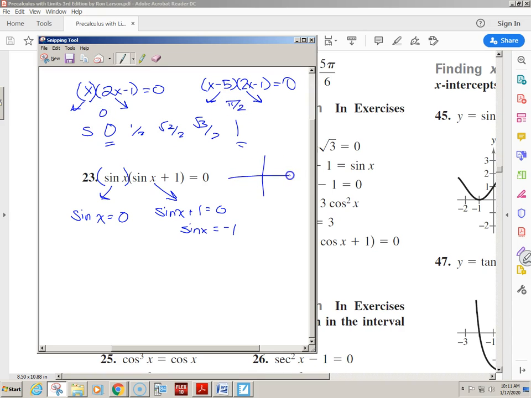So if I'm thinking, alright, I know sine is 0 here, and thus if it's here, it's also over here. And then I know sine is 1 here, and so that means, okay, so 0 and pi, x equals 0 plus 2 pi n, and pi plus 2 pi n. Those would be my 2 unit circle values.